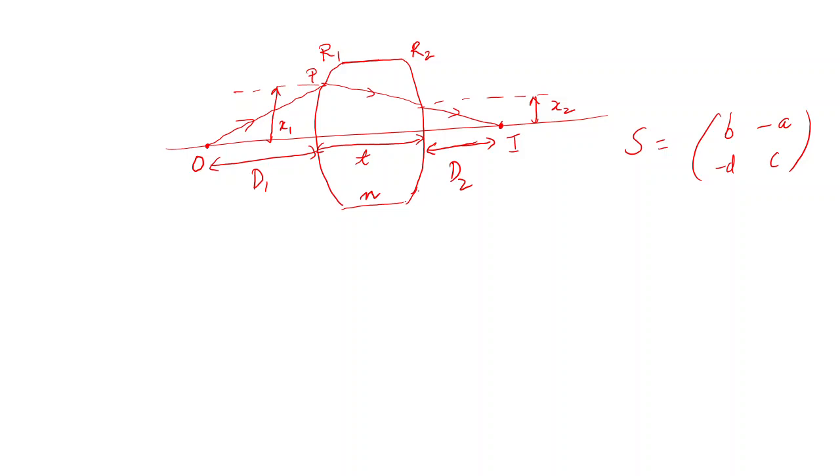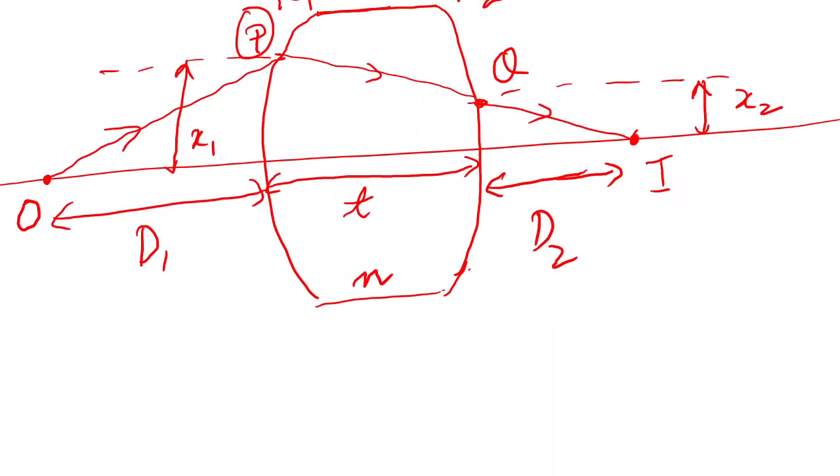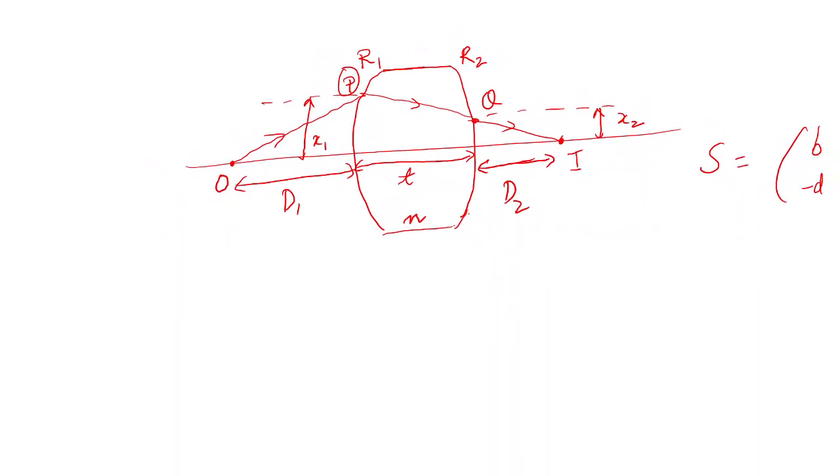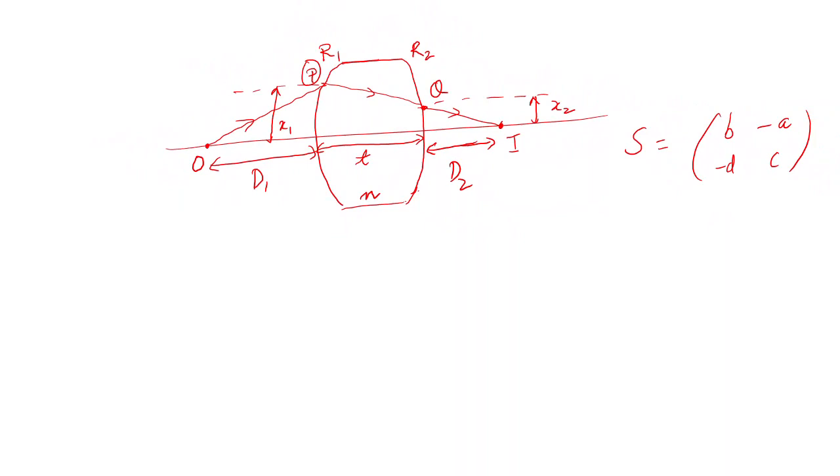Because you have the ray coordinates at 2 points, at point P, and let's call this as point Q. So at point P, let's say you have the ray coordinates as the height is x1 at point P. So the ray coordinates would be lambda 1 x1, right? Lambda is the n sine alpha or n cosine psi, and Q is lambda 2 x2, right?